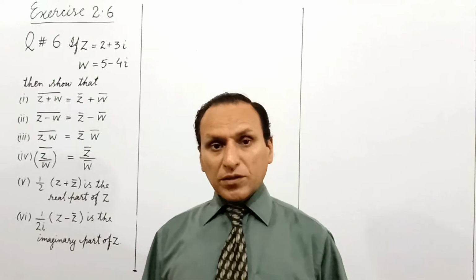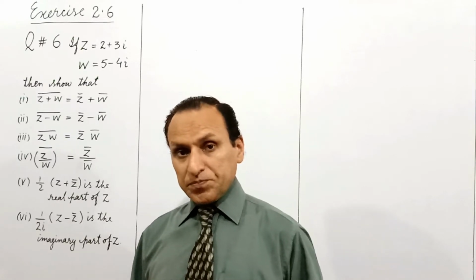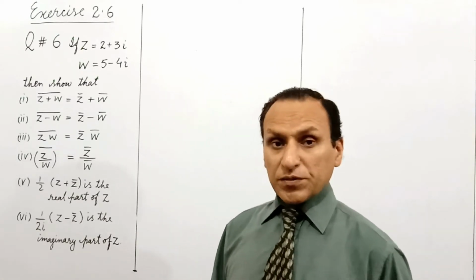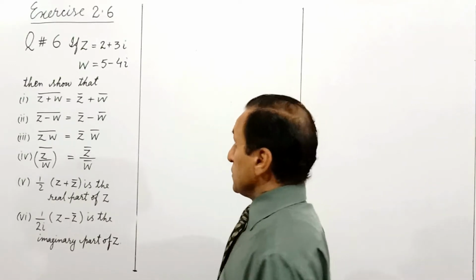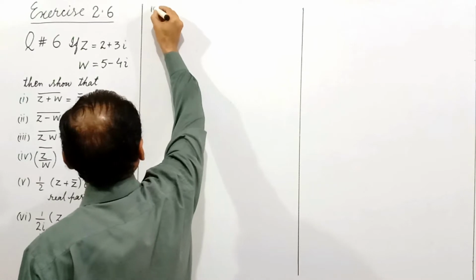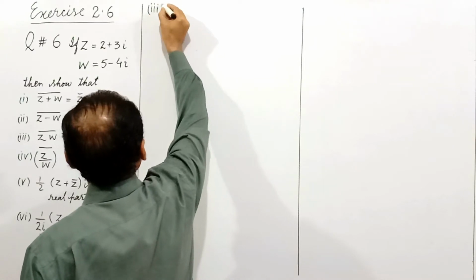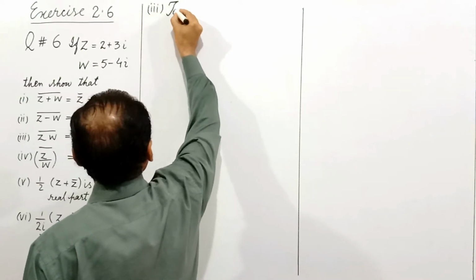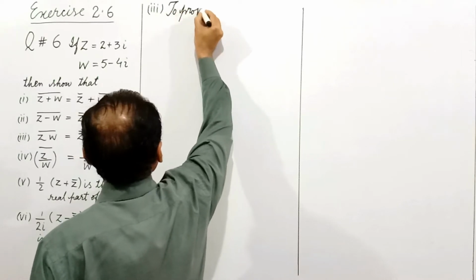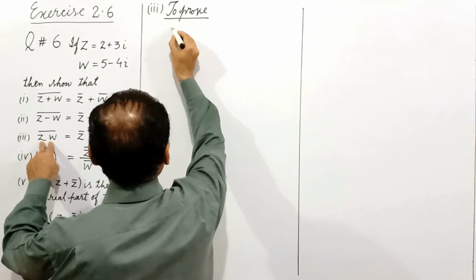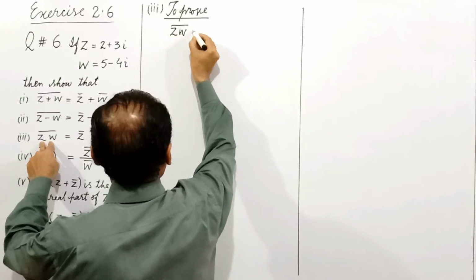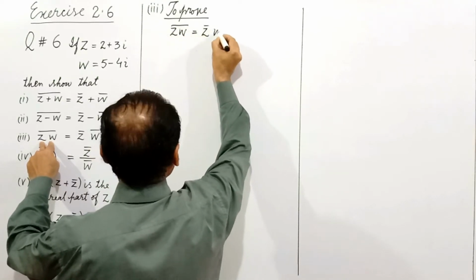We continue with part 3 of question number 6. In this we observe the properties related to the product. Zw whole bar is equal to z bar w bar.